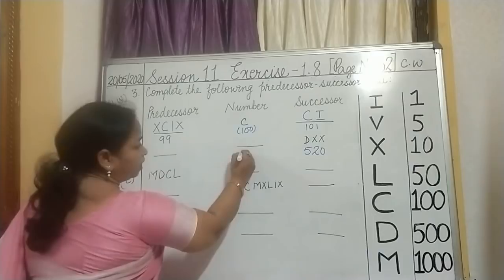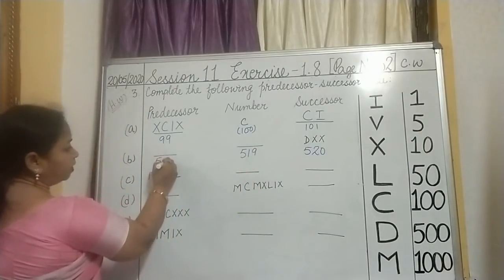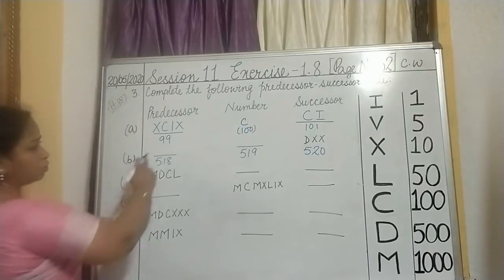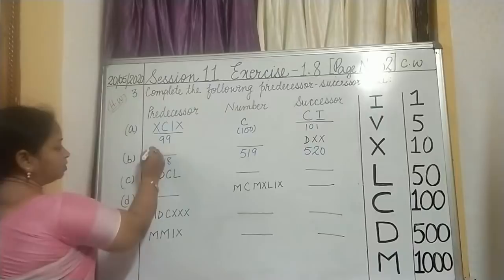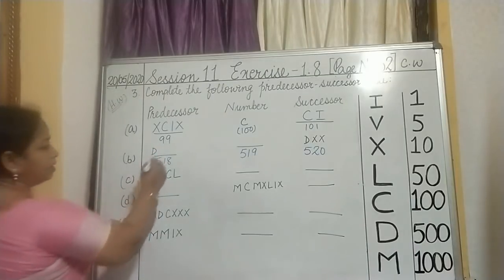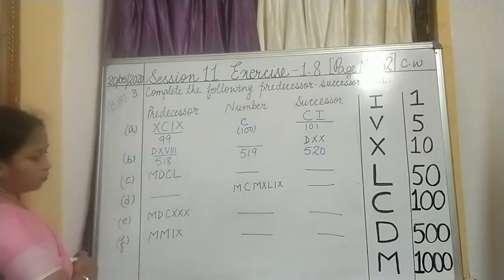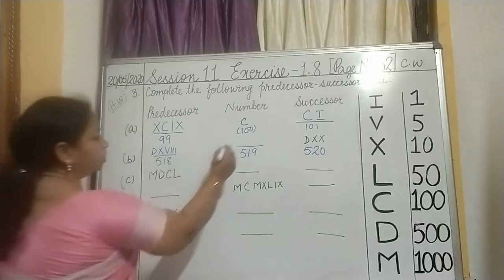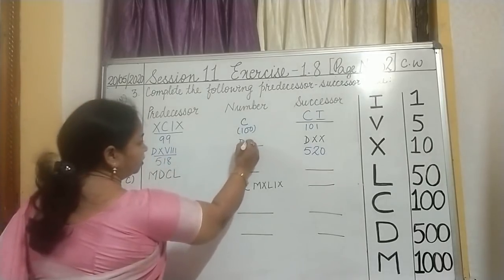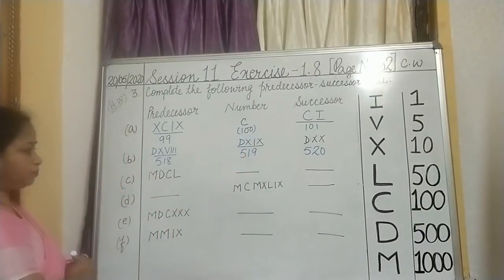So what will be the value over here? 519, 518, right? How to write 518? D stands for 500, 18 is XVIII. So DXVIII. Got the answer?